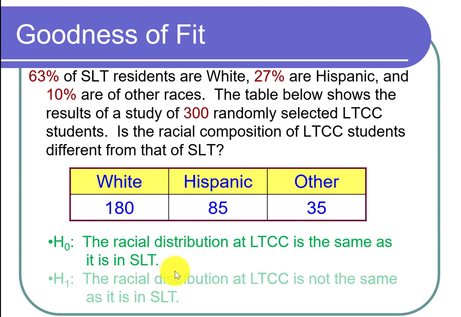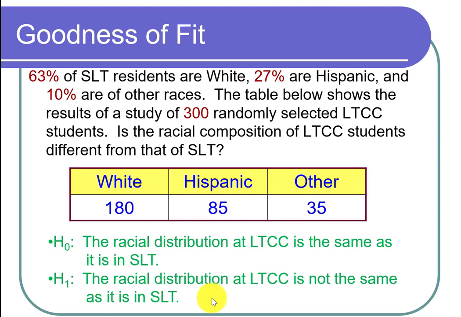And H1 is the racial distribution at Lake Tahoe Community College is not the same as it is in South Lake Tahoe. So we want to test this hypothesis, maybe with a level of significance of 5%, something like that, but that's up to us. Usually when you get into advanced statistics and you're doing chi-squared, 5% is typical, but basically you look at the p-value and see how strong the evidence is.